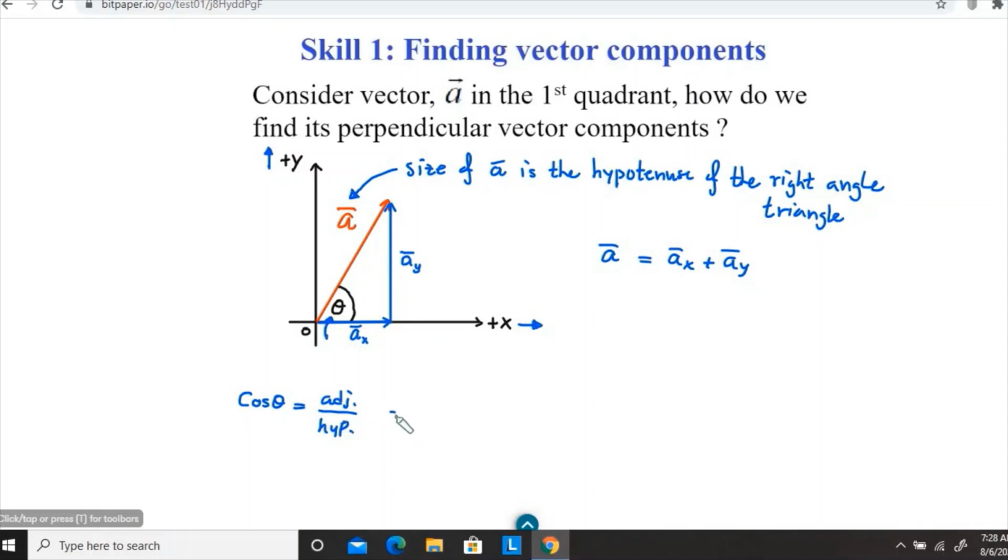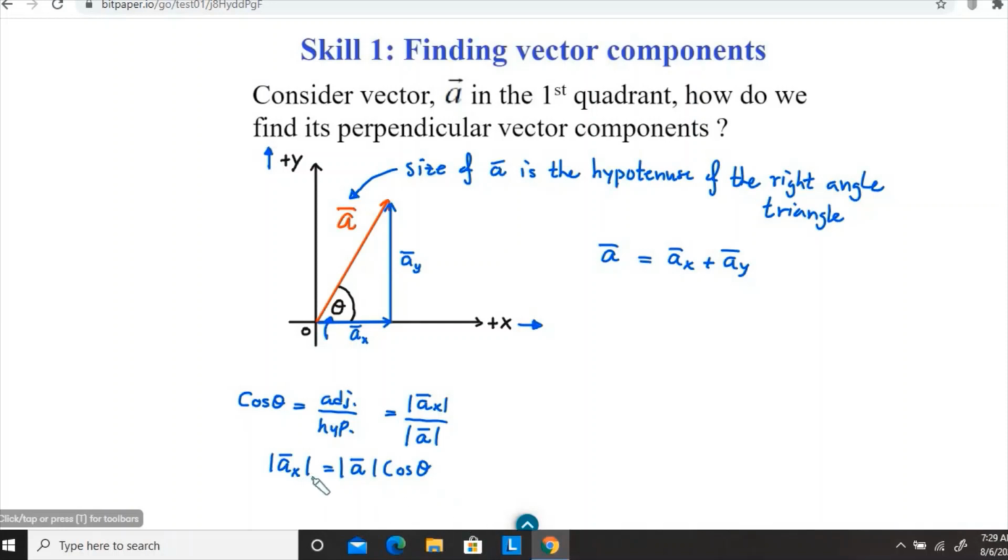Now the adjacent side is this side, so the length of this side is basically the magnitude of the Ax vector. Hypotenuse is this longer side, and that is given by the magnitude of the A vector. So from here we can say that the magnitude of the Ax vector is equal to the magnitude of the A vector times cosine theta.